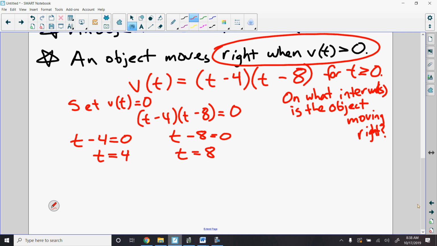What I've determined is that the velocity is 0 at t equals 4 and t equals 8. That's not the answer to the question, but those are the times when the object is at rest.